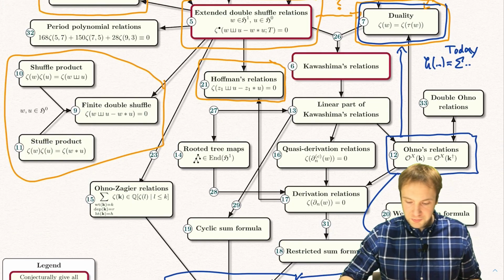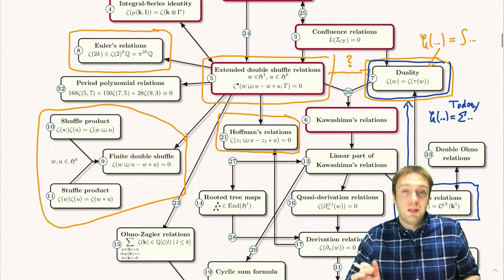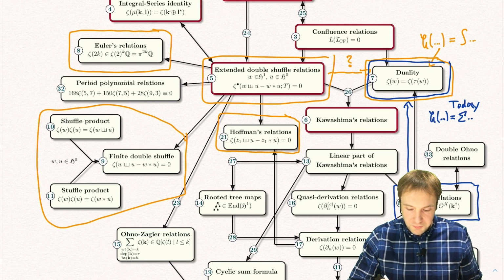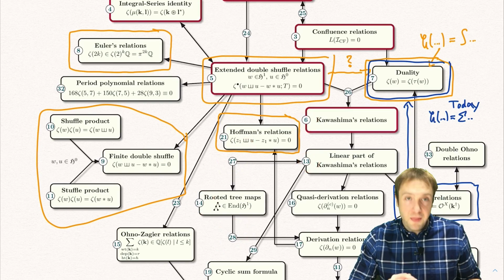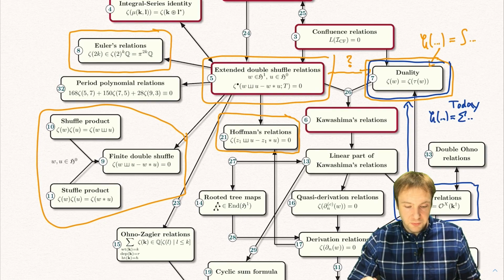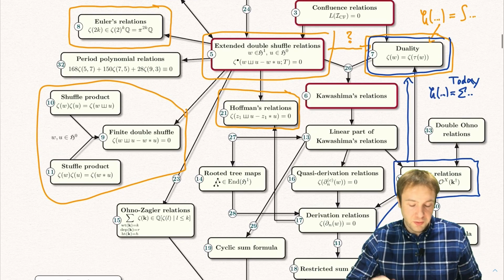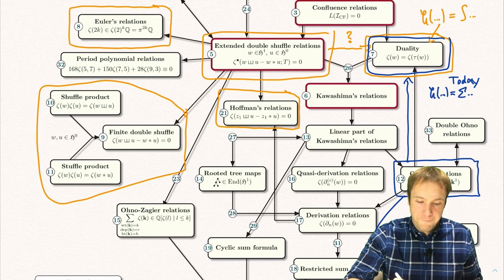Okay, so let's start. This overview you can find in the lecture notes, and also you see these numbers here. For each of these numbers I either give some short explanation, or I give you the reference where you can find more on this family of linear relations.